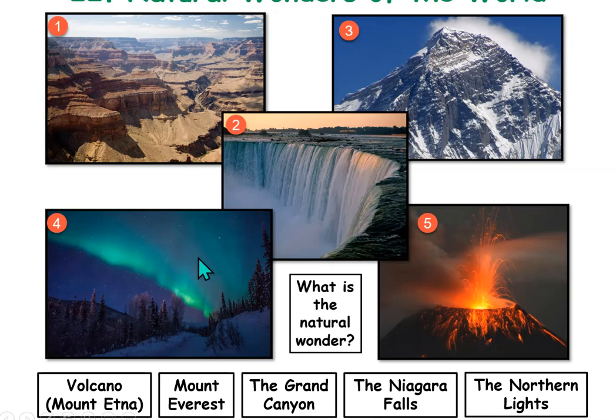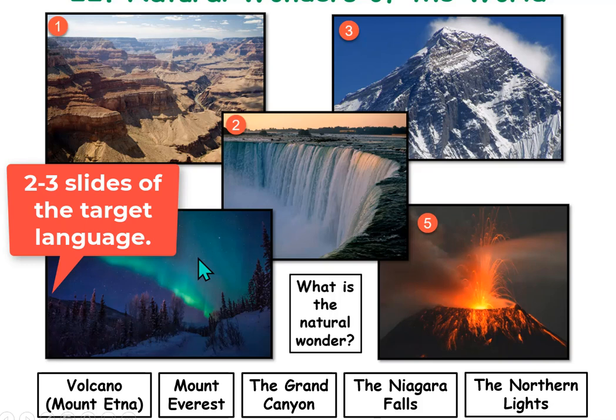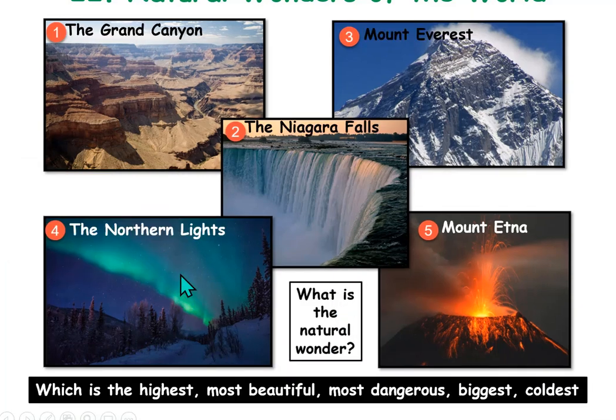Then the next few slides are always pictures where we practice the vocabulary and phrases. There are questions, like what's the natural wonder? They can talk about each one, and which is the highest, most beautiful, most dangerous, biggest, coldest.